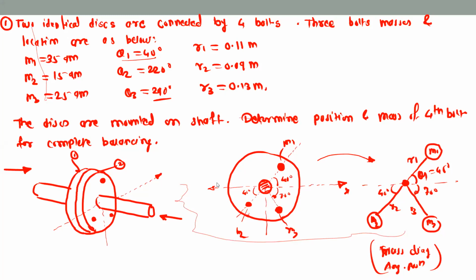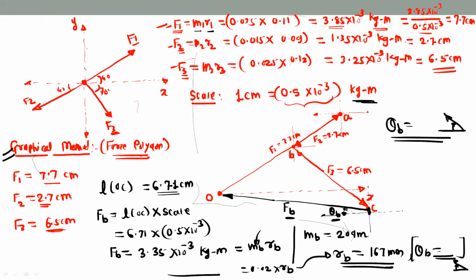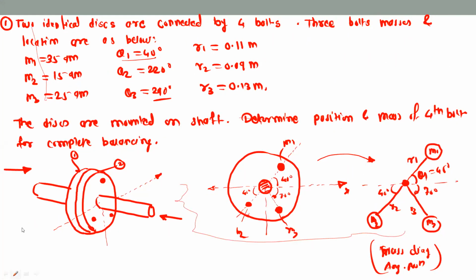So if you refer to the initial diagram for the given system, then the balancing mass is to be added in this direction at the radius. So this is the balancing mass, which is MB, and this is the radius RB. Okay, and just calculate this angle.